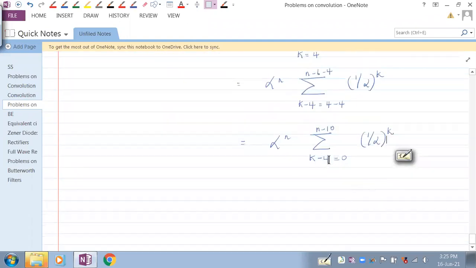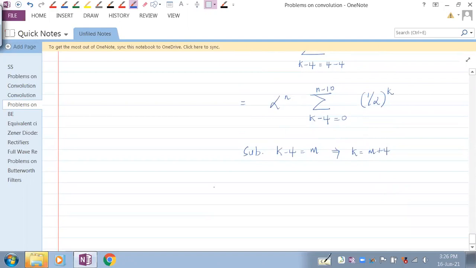Now let me change this k minus 4 to m. So substituting k minus 4 equal to m implies that k is m plus 4.